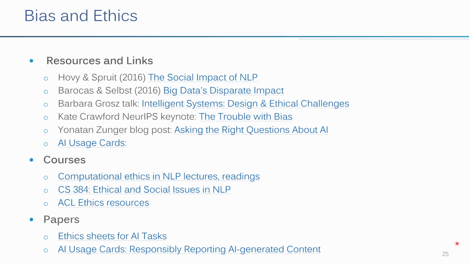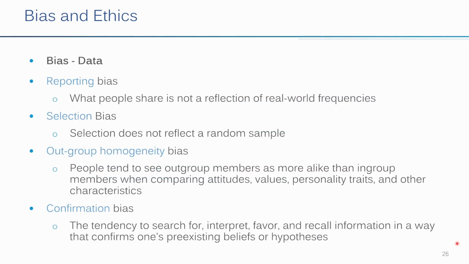And at the end we also have how to use these AI tools and how to report the usage of them, and we'll talk about them later on, right? Before we talk about the alternatives and trying to mitigate or diminish the amount of bias and unethical aspects that we have, we should at least have a good idea.